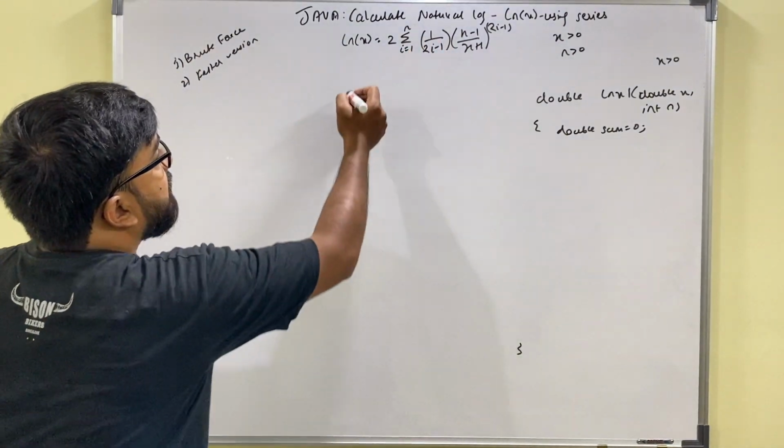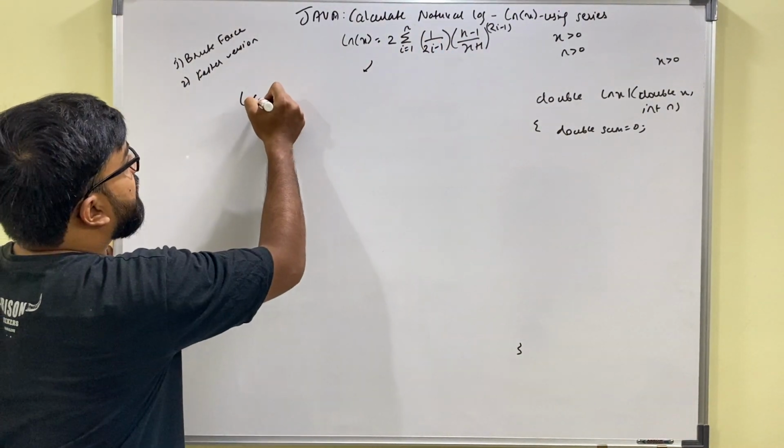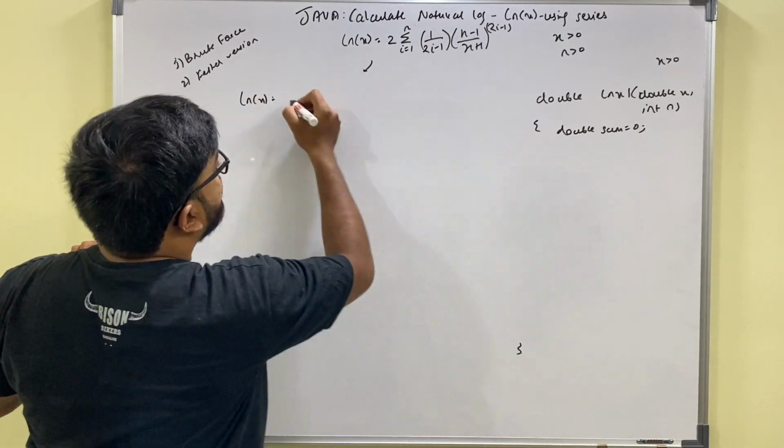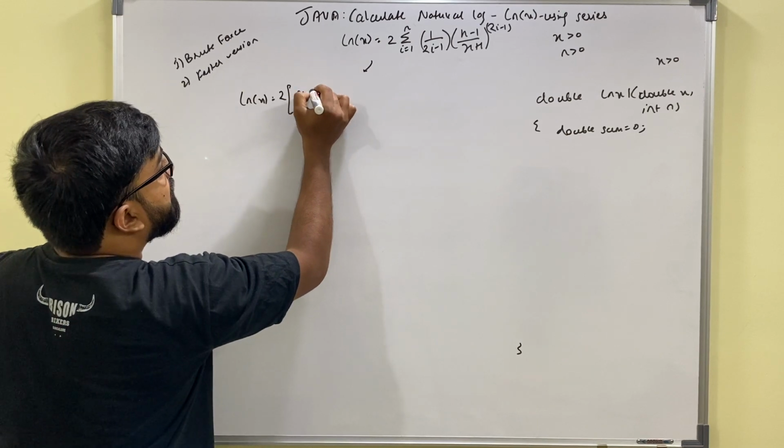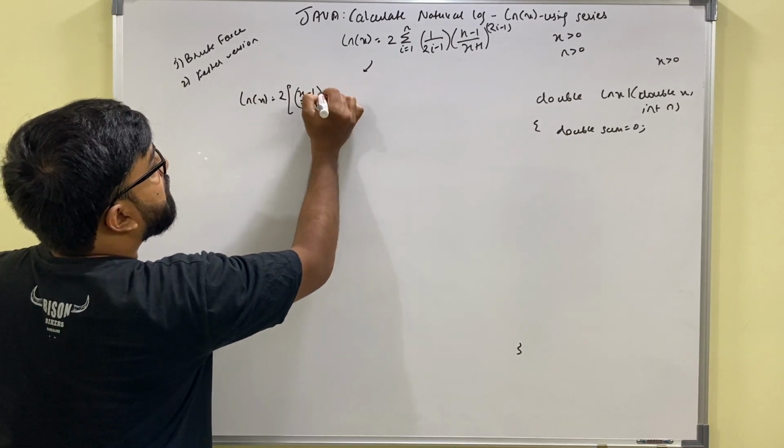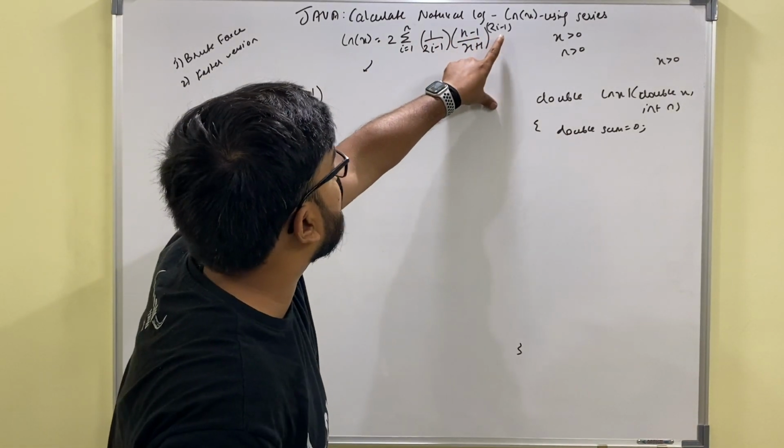So let me expand this. ln x is equal to, for i equal to 1, 2 into (x minus 1) upon (x plus 1) to the power of 2 into 1 minus 1, which is 1.